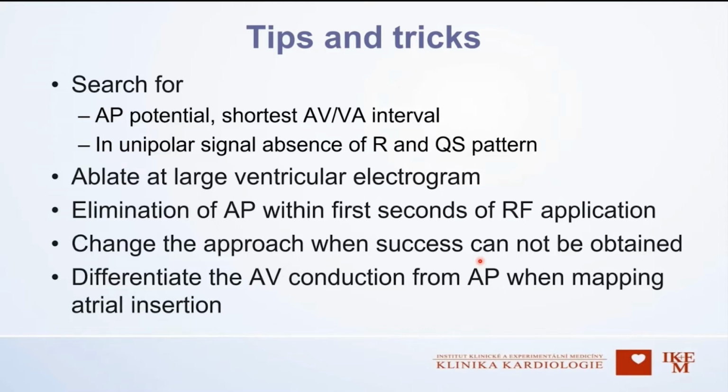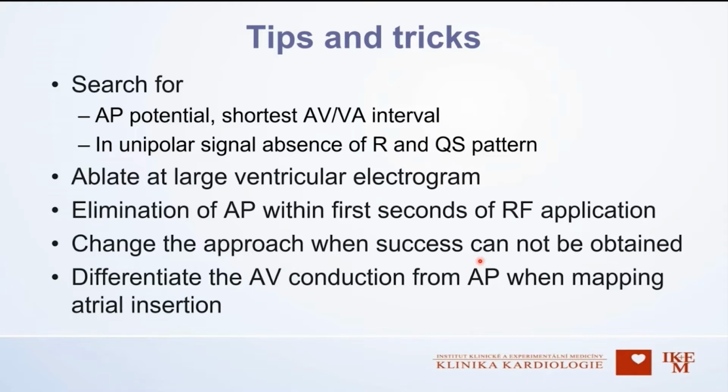We should always ablate at a site with a large ventricle electrogram, because if you are on an annulus with the catheter, there is usually a very small atrium and a big ventricle. That's the annular signal. So a large ventricle electrogram means that you're close to the ventricle muscle.